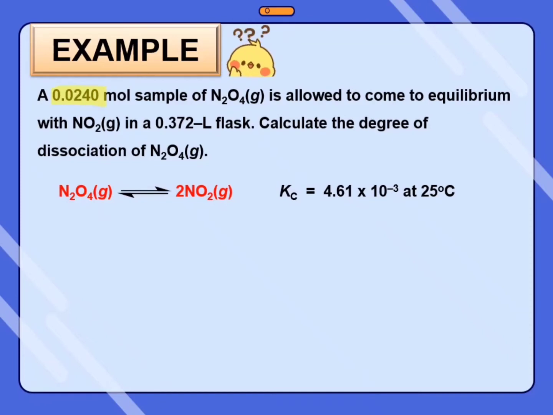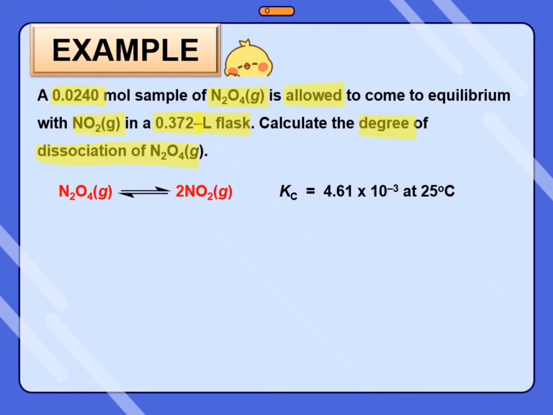0.024 mole sample of N2O4 gas allowed to come to equilibrium with NO2 gas in a 0.372 liter flask. Calculate the degree of dissociation of N2O4 gas.